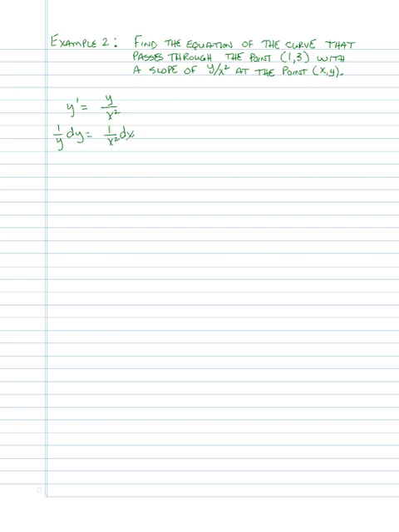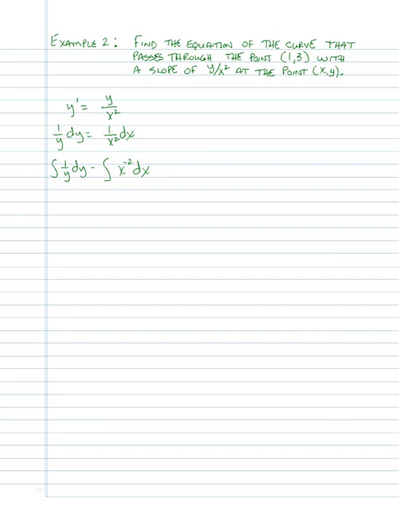And from here we ought to be able to routinely integrate both sides. So we'll integrate on the left side 1 over y dy, and on the right side we'll integrate 1 over x squared, but it's going to be easier if we think of that as x to the power negative 2. And we've been through this many times already.